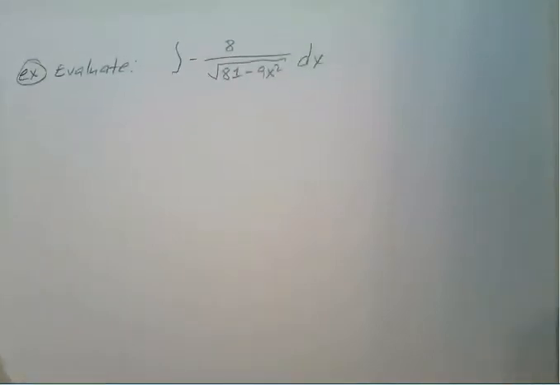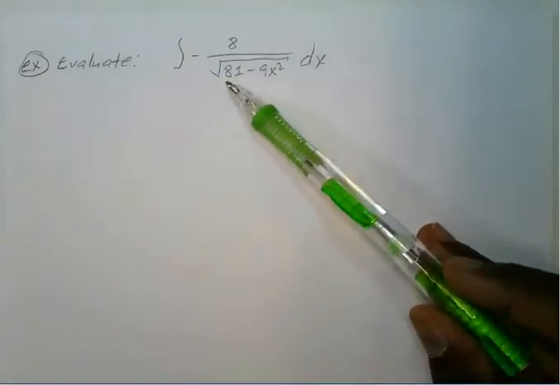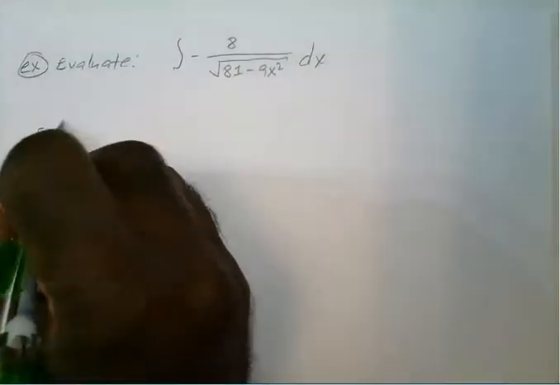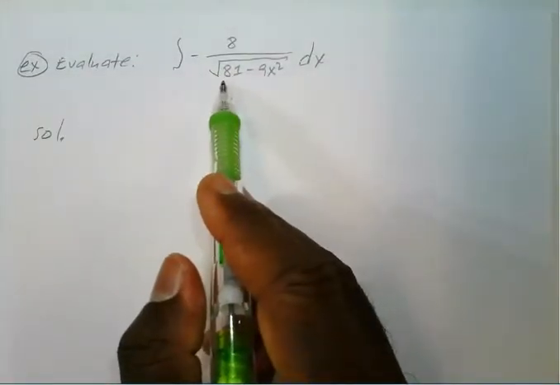All right, there we go. What if we wanted to evaluate the integral of -8 over the square root of 81 minus 9x squared? Okay, so we kind of look at the form.